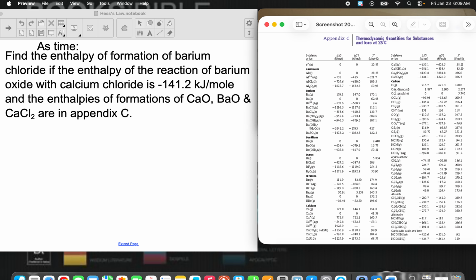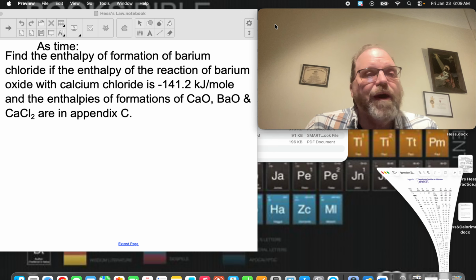Calcium oxide, calcium's over here, calcium oxide's there, barium oxide, oh, is it there? Oh, shoot. They didn't include it. I'll give it to you. Calcium chloride. Calcium chloride is right there. All right, so we'll just work through it then.